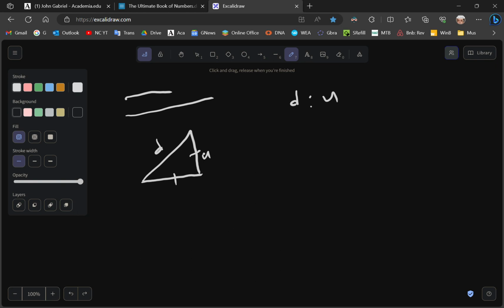But what does algebra do? Algebra doesn't actually deal directly with the ratio anymore. It deals with the measure of the ratio. So algebra does this. It says the measure of DU is root 2. Of course that's not true, because root 2 is not a number, it's a constant.